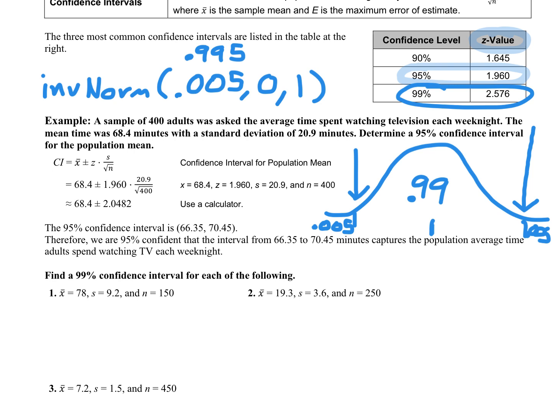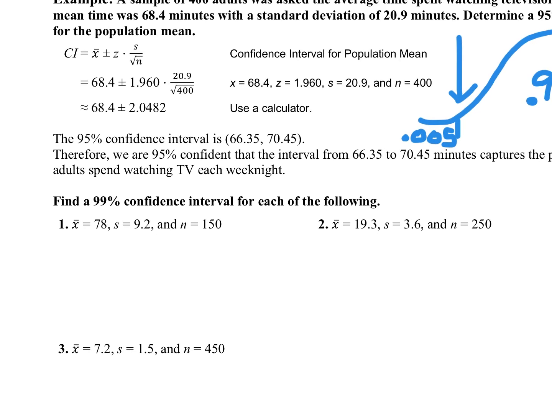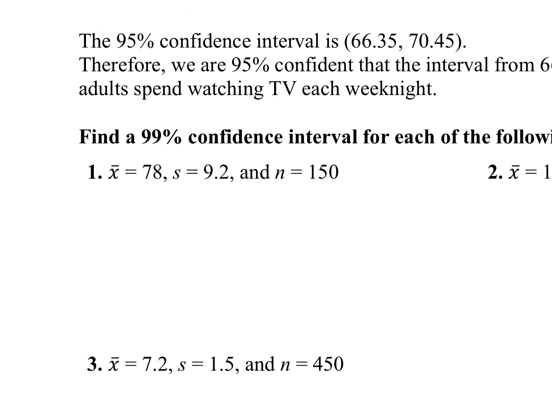All right, so what does that tell us? That tells us that if we want 99% of the data in our interval, we need to start at the mean and go left and right 2.576 standard deviations. Let me say that again, but in context to number 1. If you want a 99% confidence interval, you start at the mean. We use the mean from a sample called x bar.